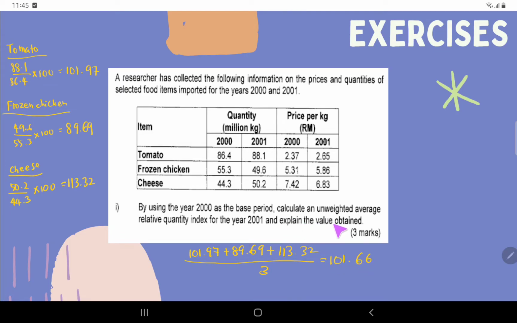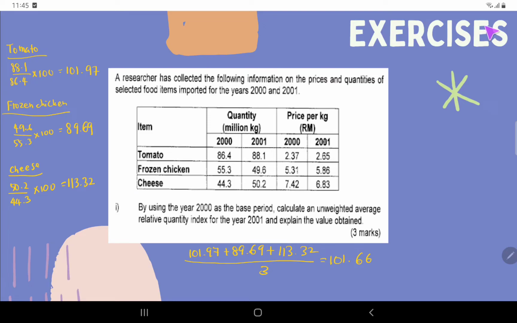And then we need to explain this value. So when we subtract this value with 100, okay, we'll get 1.66. Okay, meaning that there is an increasing value here, which is it is increasing by 1.66%.